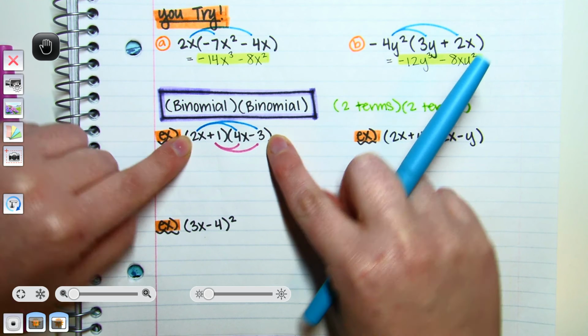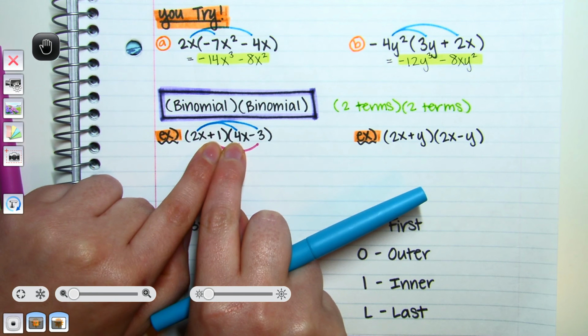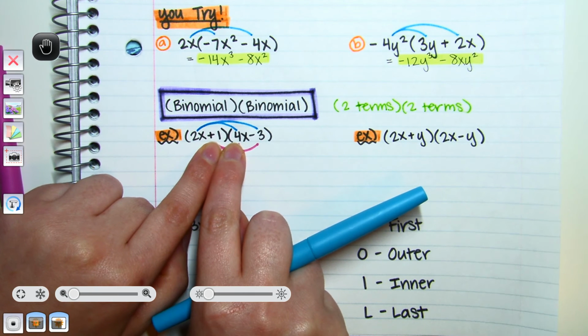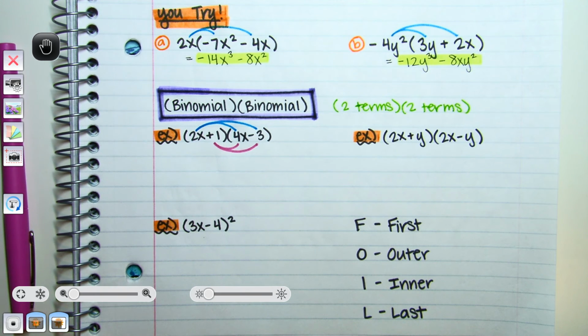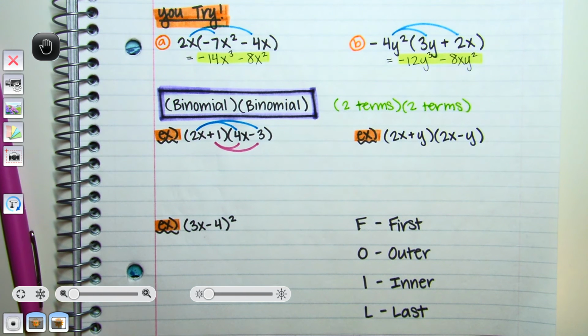Then the inner is the inner terms, the 1 times 4x. And then the last is the last term in each parenthesis. So that's just an acronym for basically remembering to distribute everything. So first, outer, inner, last, or FOIL.